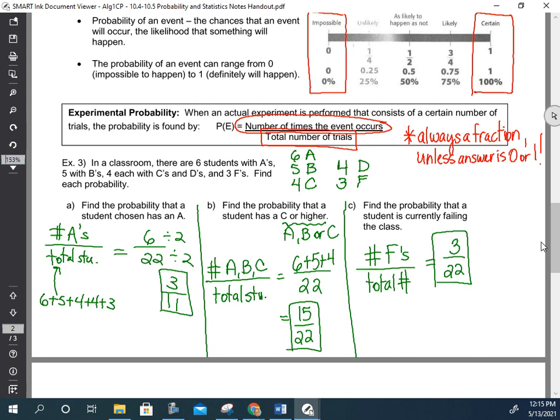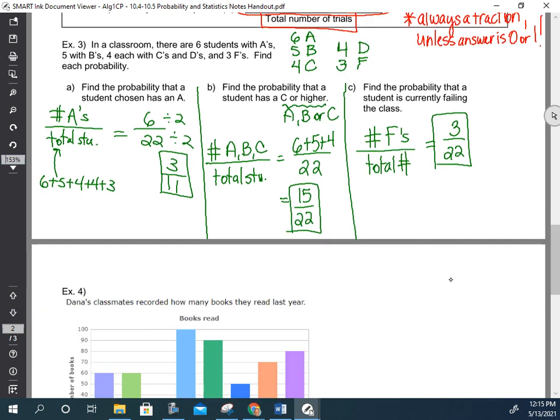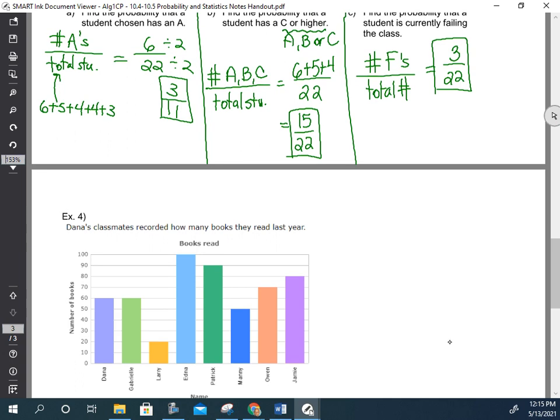A, B, C, D, F. Can you take your time? Yeah, that's exactly. Just saying.